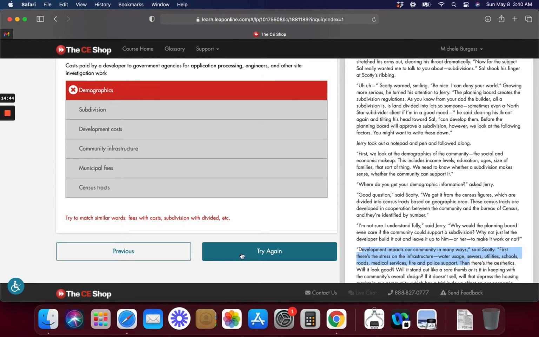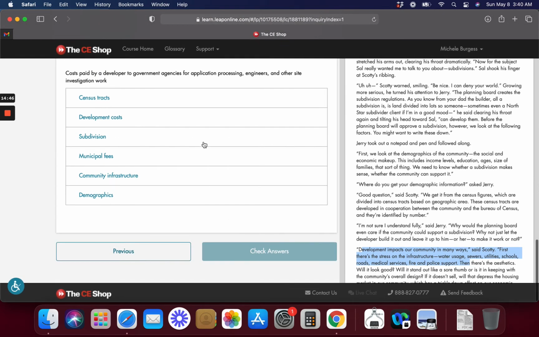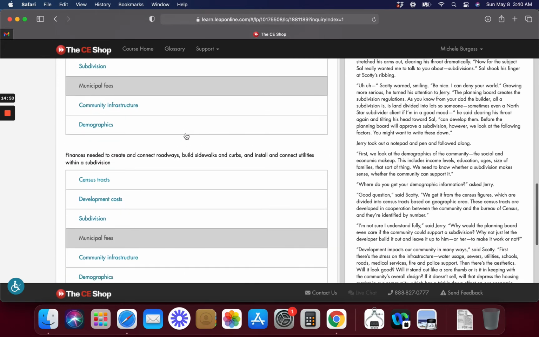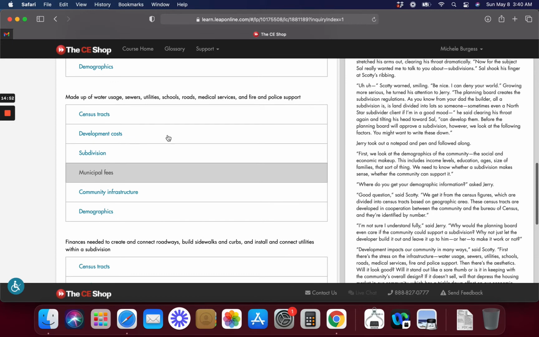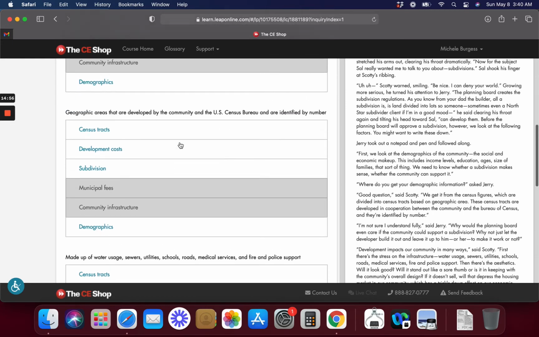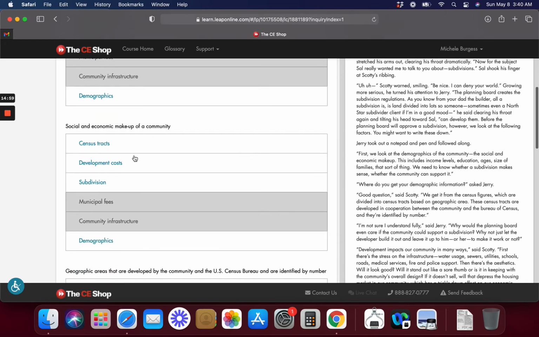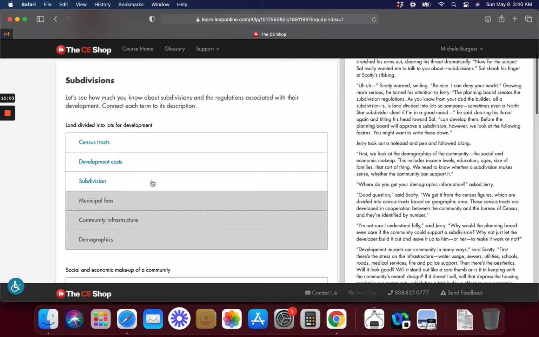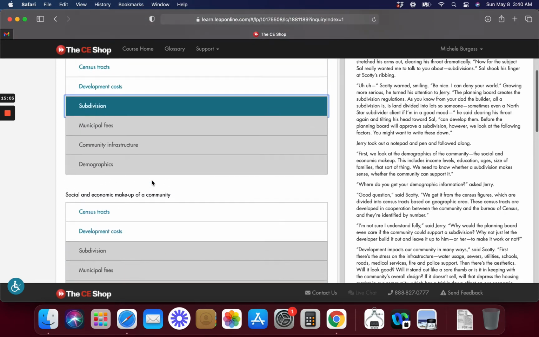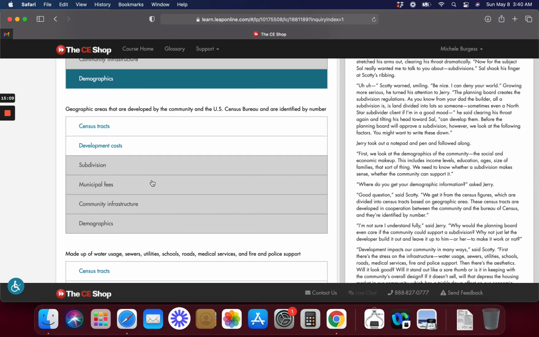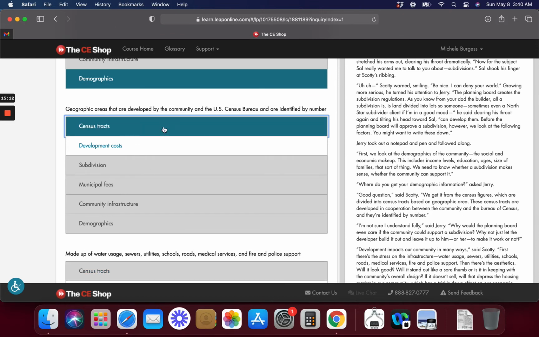Okay, let's try this again. All right, this one's going to be municipal fees. This one is community infrastructure. Social demographics, subdivision, social and economic geographic areas by the Census Bureau.